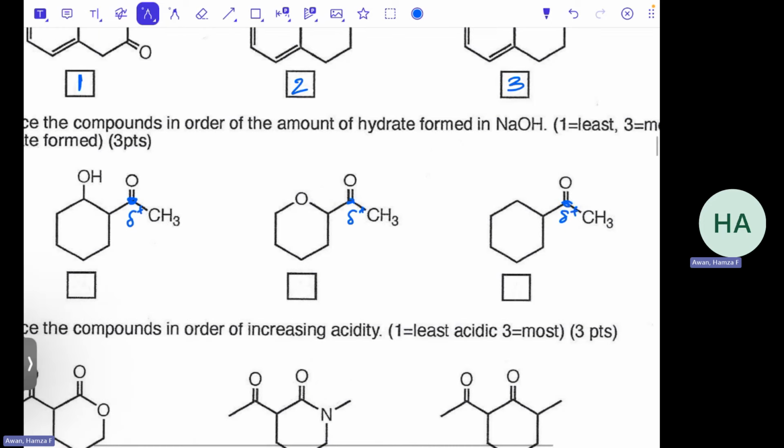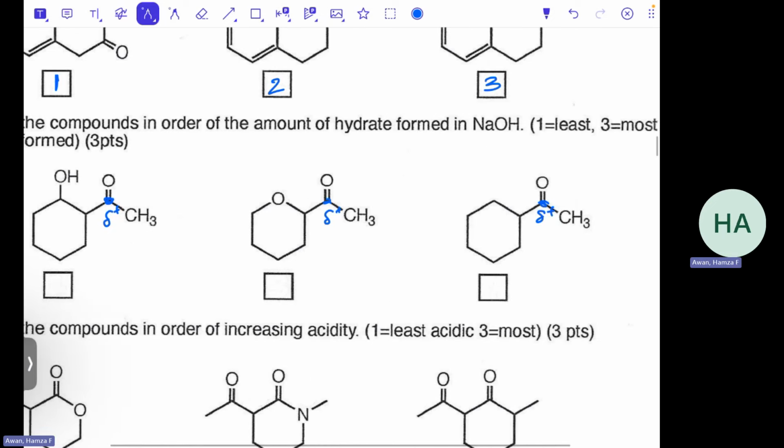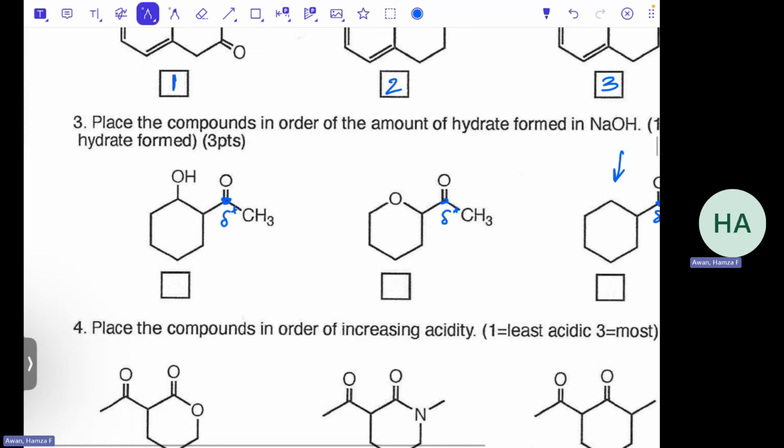So in this one, and on the third structure, we don't have anything pulling the charge or adding to it. So it's just going to be, let's just call it net neutral, partially positive. But in the other two, we have not electron withdrawing groups, because technically this is an electron donating group, but this oxygen is delta negative.